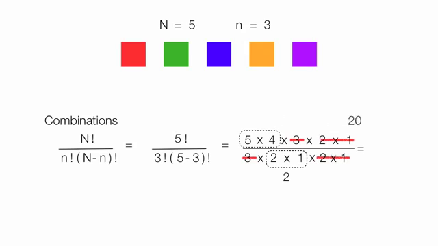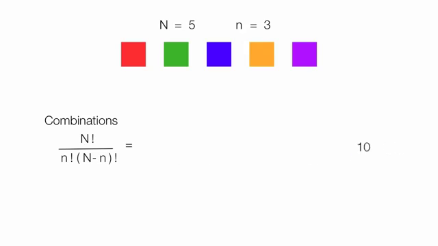So I end up with 20 divided by 2, which is equal to 10. It turns out that 5 objects picking 3 at a time, I get 10 different combinations.